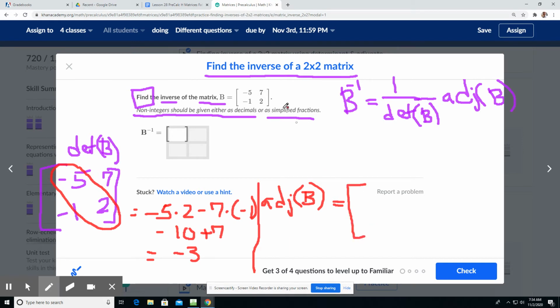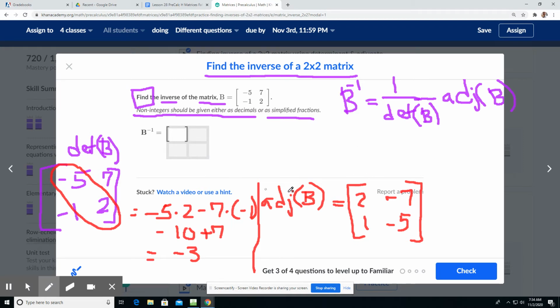So instead of -5, 2, it's 2, -5. We switch those, and then we negate, or do the opposite of, the other diagonal. So this becomes a -7 and a +1. And that's how we would do the adjugate. It's just a process of going through this procedure, and that gets us what we want.